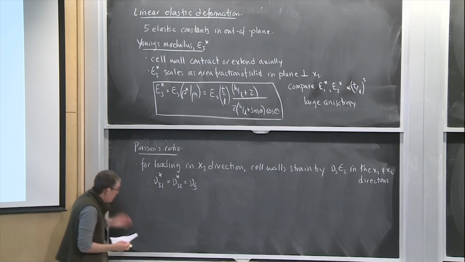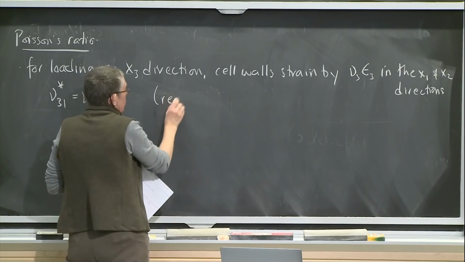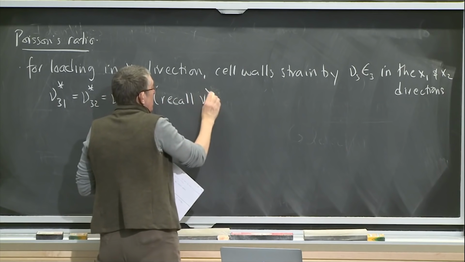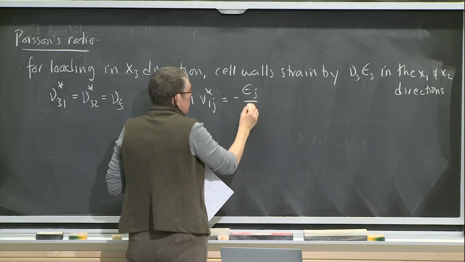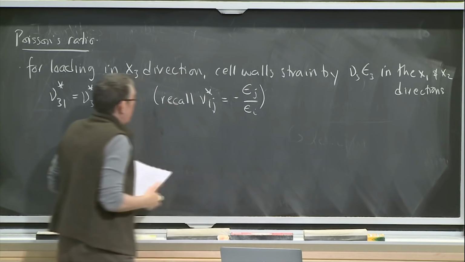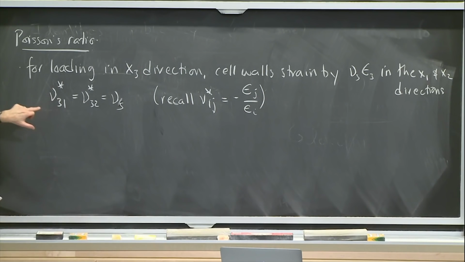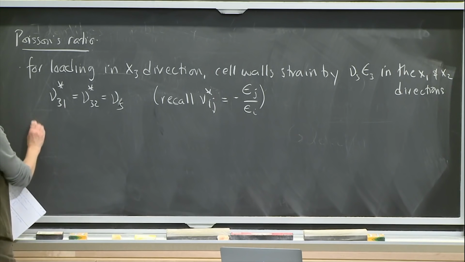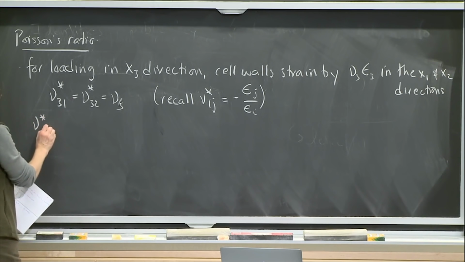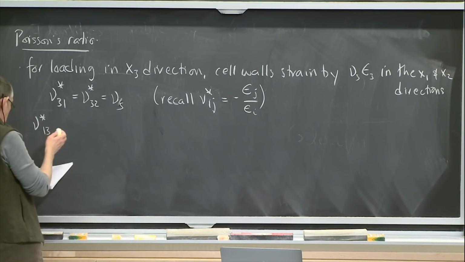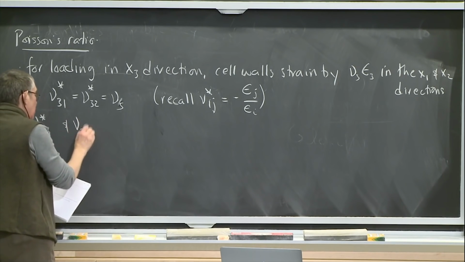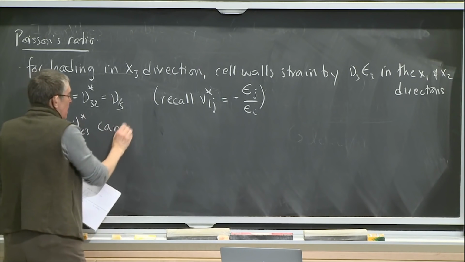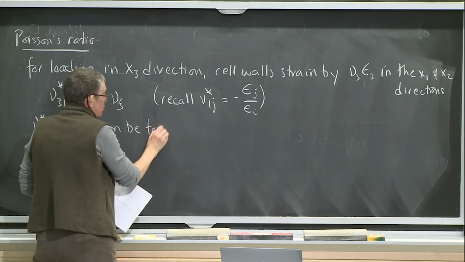So let me just say here also, and remember that I'm defining nu ij as minus epsilon j over epsilon i. So we're loading in the 3 direction here. Okay? And then you can get the other 2 Poisson's ratios using those reciprocal relationships. So nu 1,3 and nu 2,3 can be found from the reciprocal relations.